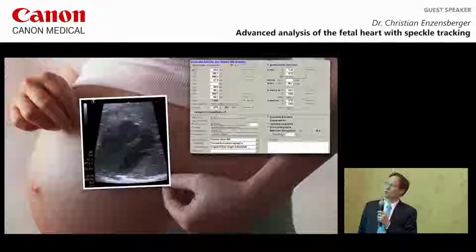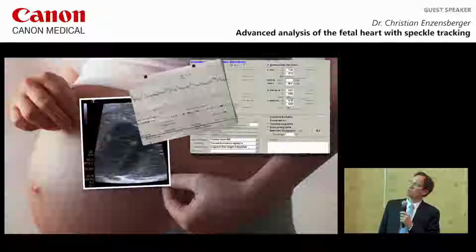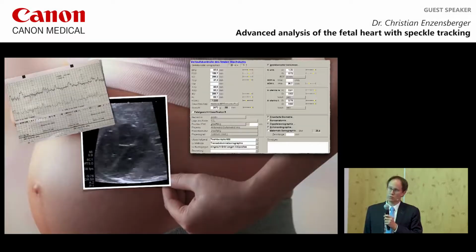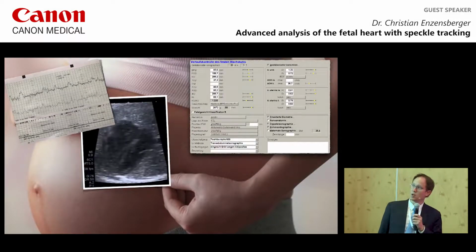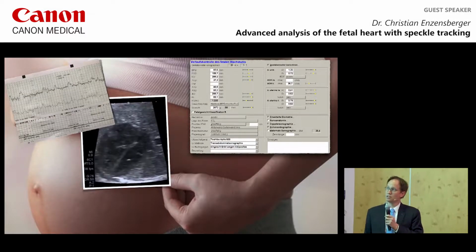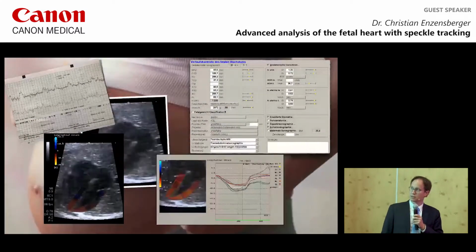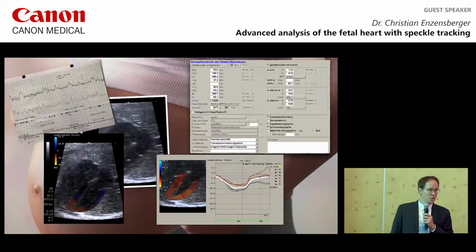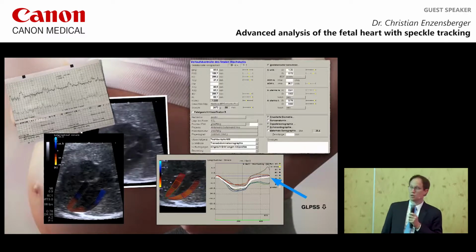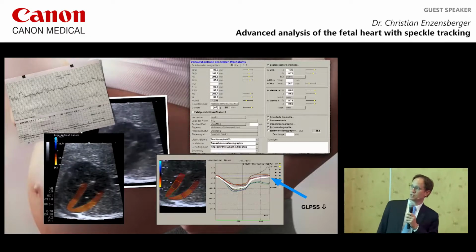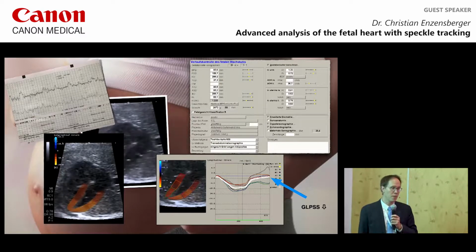And we have a normal CTG at this gestational age. When we have a closer look at the way the myocardium is moving, we can recognize by speckle tracking that there is a reduced movement, expressed by a reduced global longitudinal peak systolic strain.